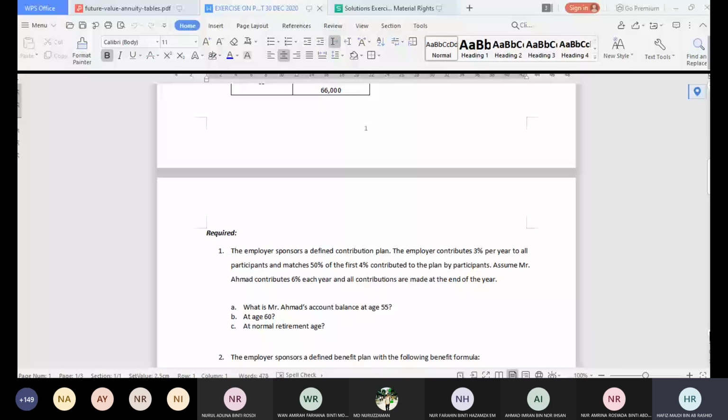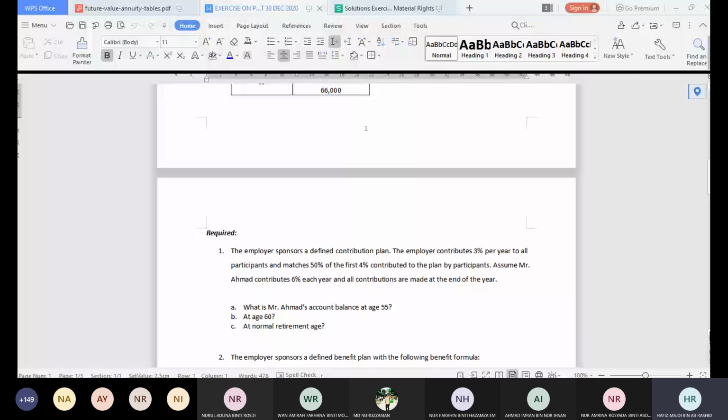The idea is just for you to think. The employer will pay 3%, and then add another 50% of the first 4% contributed to the plan by the employee or participant.